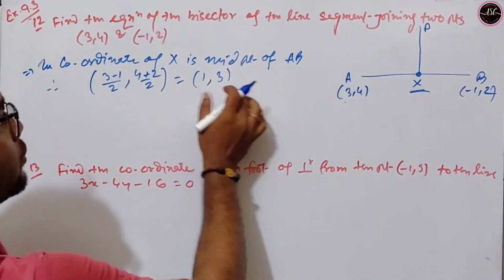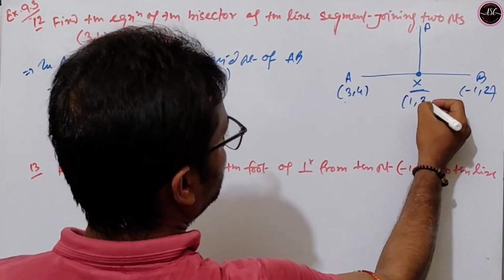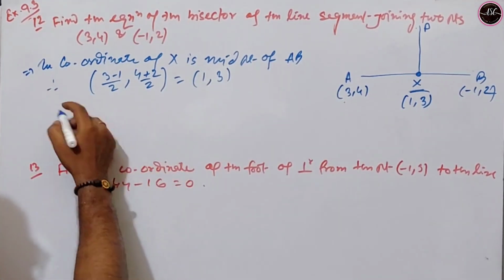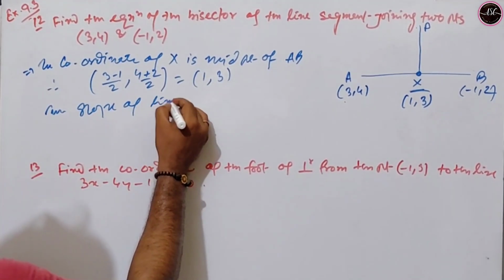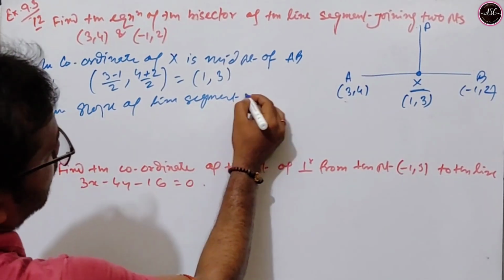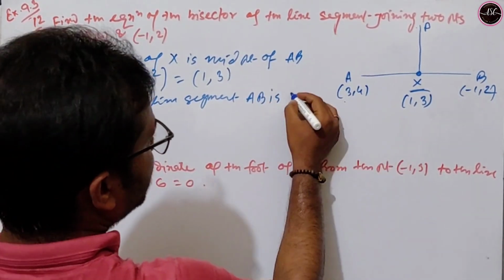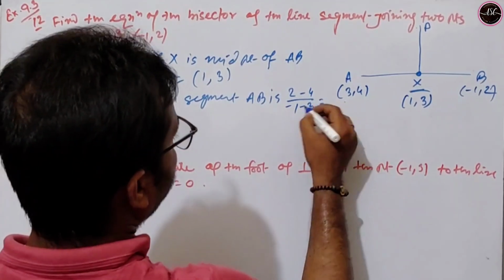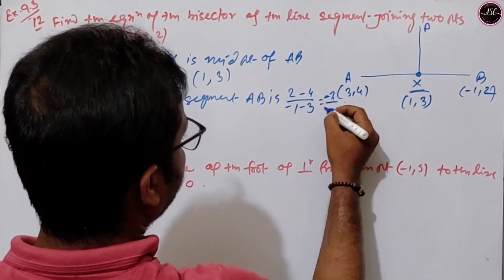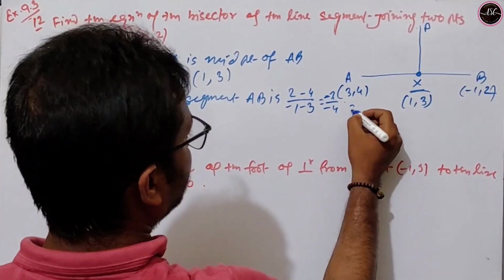Okay, so this PX line passes through (1, 3), and the slope of line segment AB is (y2 minus y1) divided by (x2 minus x1), that means (2 minus 4) divided by (minus 1 minus 3), equal to minus 2 divided by minus 4, that means 1 by 2.